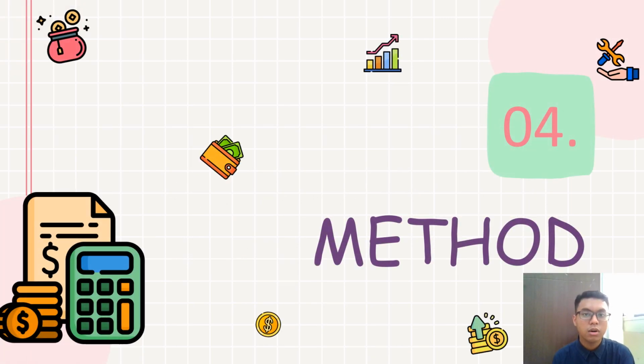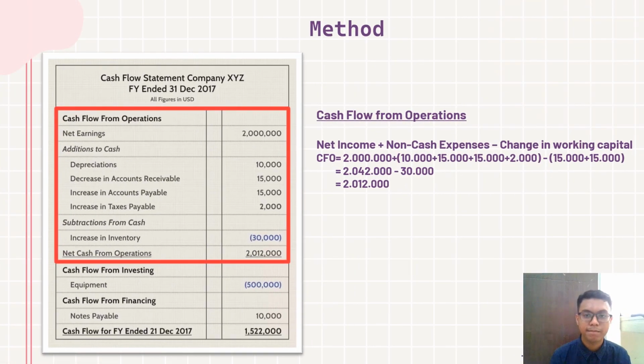Now I'll show you how to calculate cash flow from the cash flow statement. To calculate cash flow from operation, add your net income and non-cash expenses, then subtract the change in working capital.